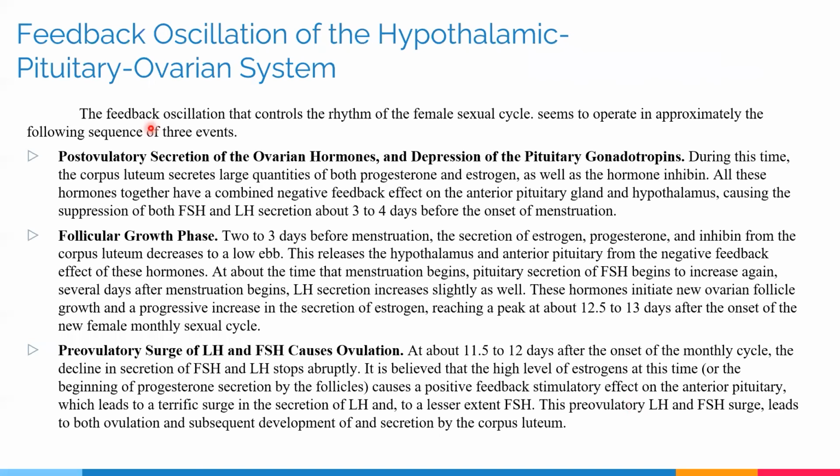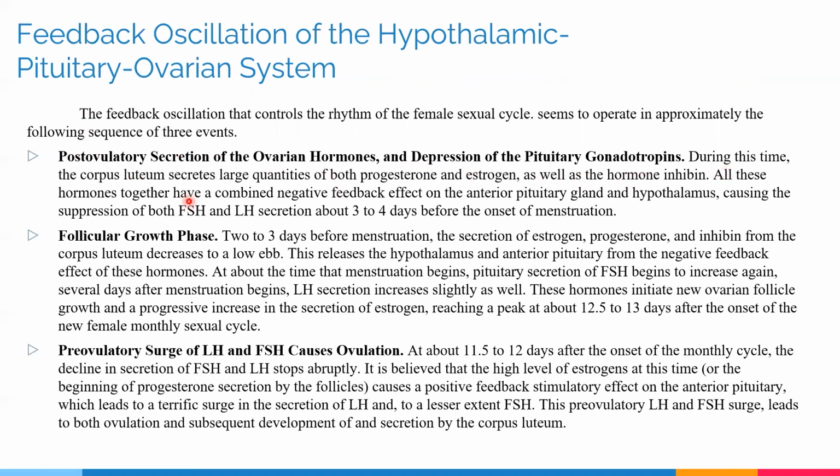Finally, let us look into the feedback oscillation of the hypothalamic pituitary ovarian system. The feedback oscillation that controls the rhythm of the female sexual cycle seems to operate in approximately the following three events. Post-ovulatory secretion of ovarian hormones and depression of pituitary gonadotropins.